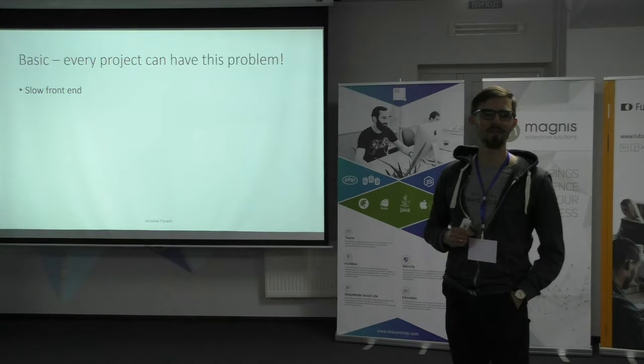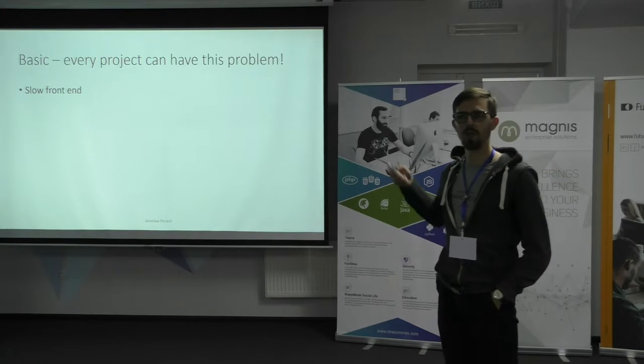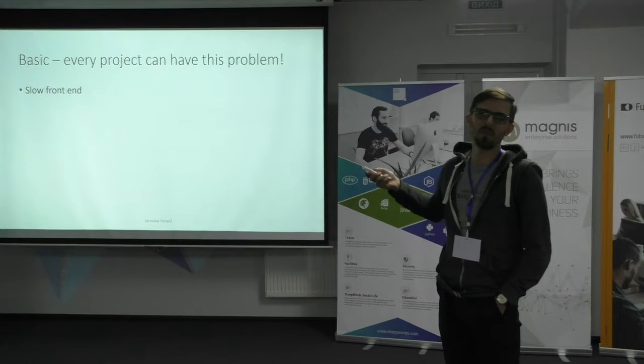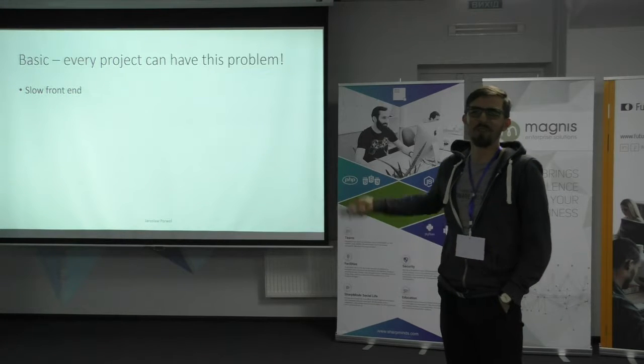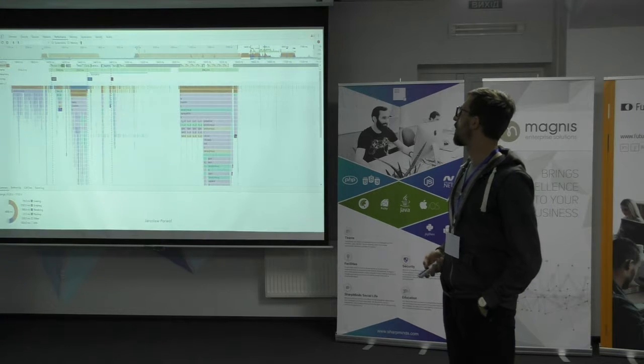So could you make something about it, make it a bit faster? So we started solving all those problems. We started from the front end because, well, I don't know anything about front end, so that's probably where the problems are, right? So slow front end.